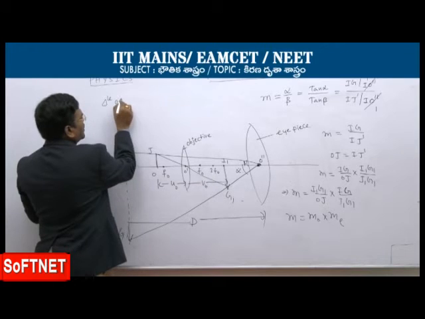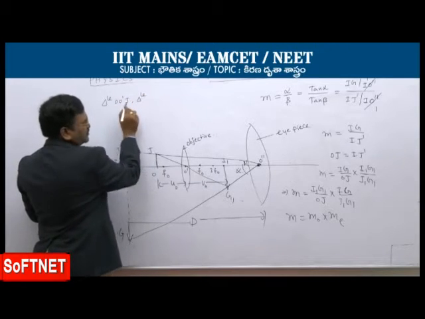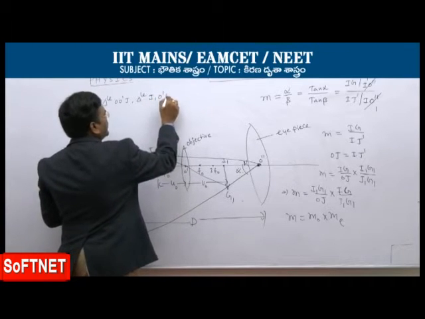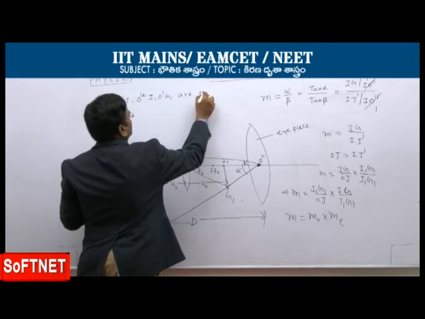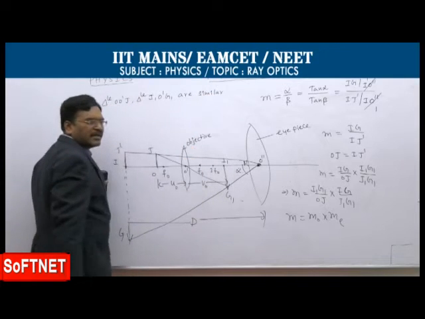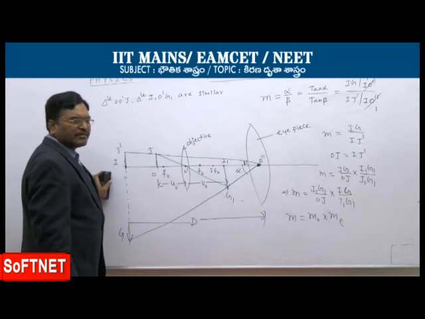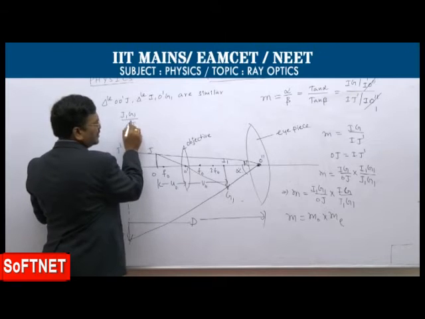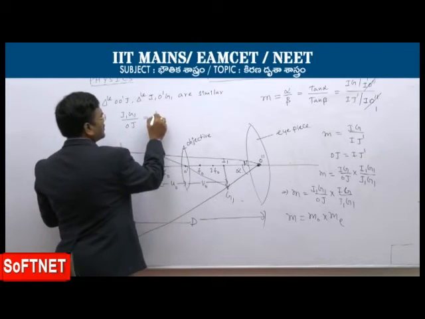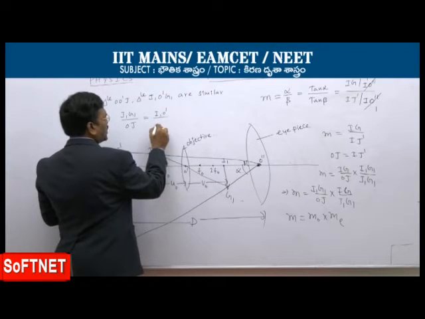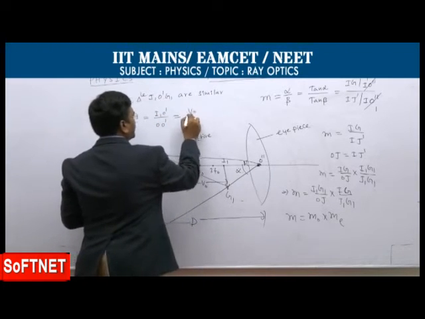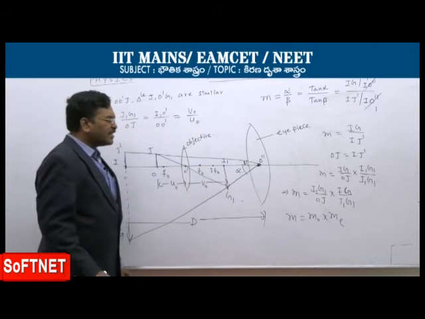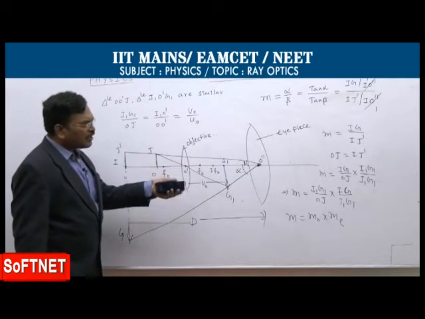If two triangles are similar, the ratio of corresponding sides is equal. So I1 G1 by Oj is equal to I1 O dash by O dash J, which is V naught by U naught. Here U naught is the object distance. So I1 G1 by Oj is nothing but the magnification.